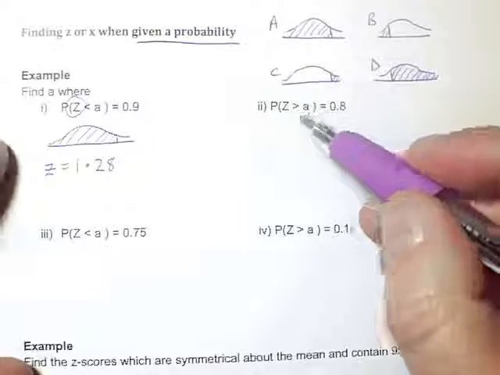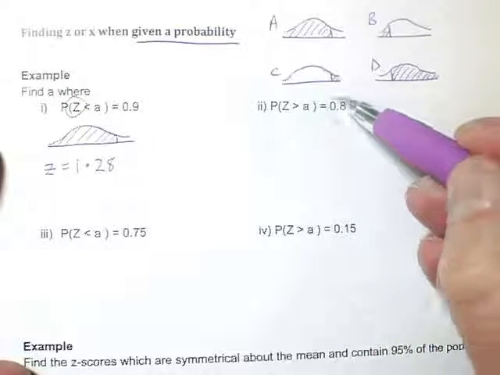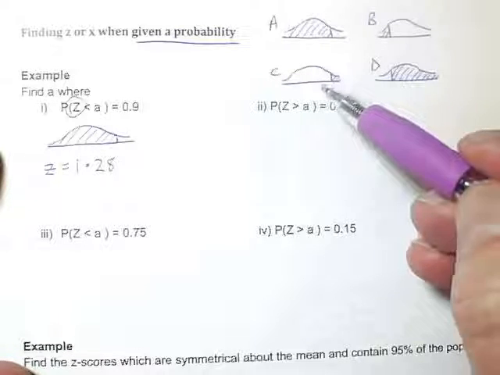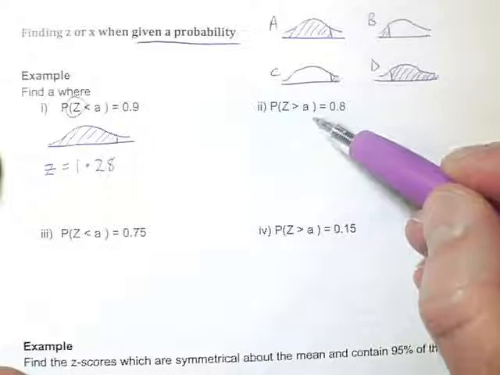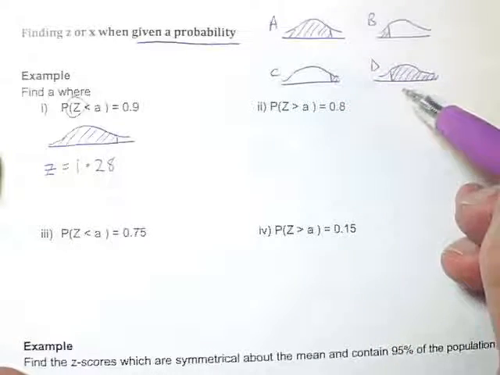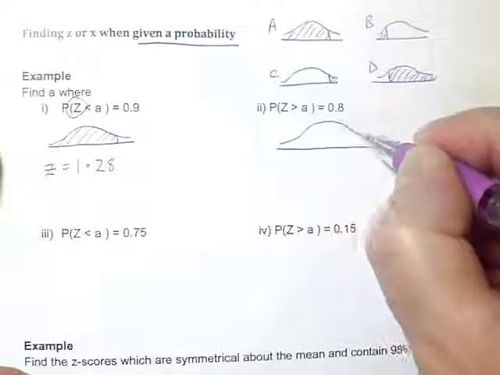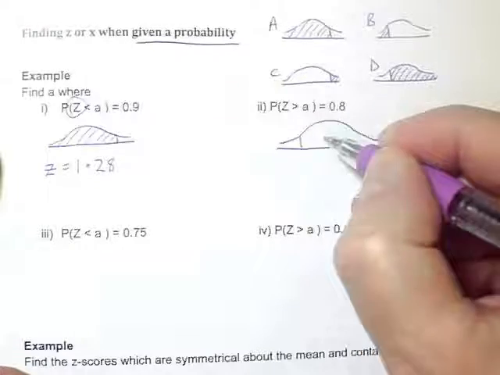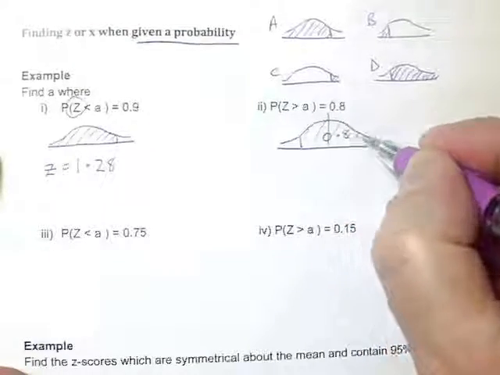So which picture is probability of z being greater than a equal to 0.8? Well, 0.8 is more than a half, so it's not picture C and it's not picture B. But this time I want to be greater than that value, so it can't be A because I'm shading to the wrong side of A, so therefore it must be picture D. This probability is 0.8, which is the one I'm interested in.